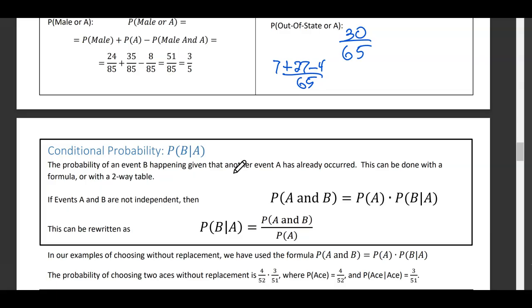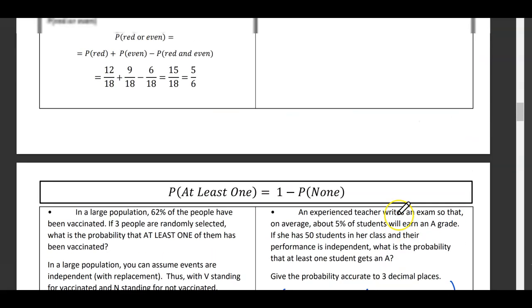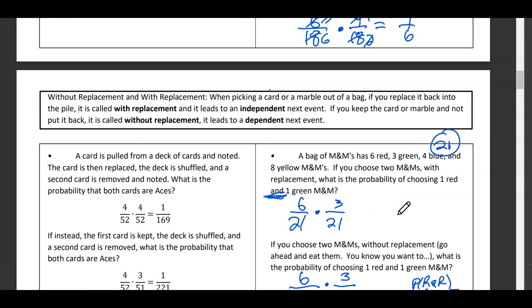Conditional probability. There's a rule that I don't typically use. I know how to use it, fine, but I don't need to use it. It's the probability of A and B is equal to the probability of A times the probability of B, given that A has already happened. And that's exactly what happened prior. Let me go up to the marble problem. There it is.